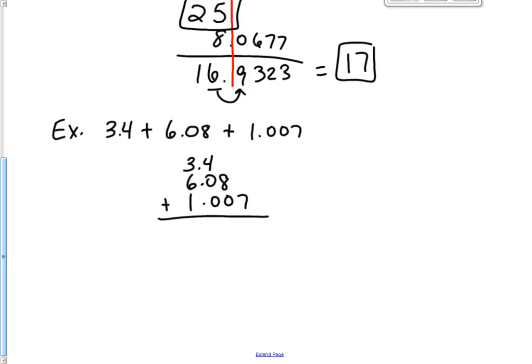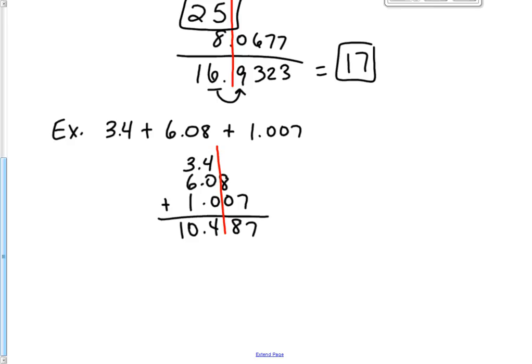You're going to add those. Okay. I'm going to draw a line to the right of the number with the fewest decimal places. Okay, so you're going to go right there to the right of the 3.4. Do your math, okay, and you get 10.487.